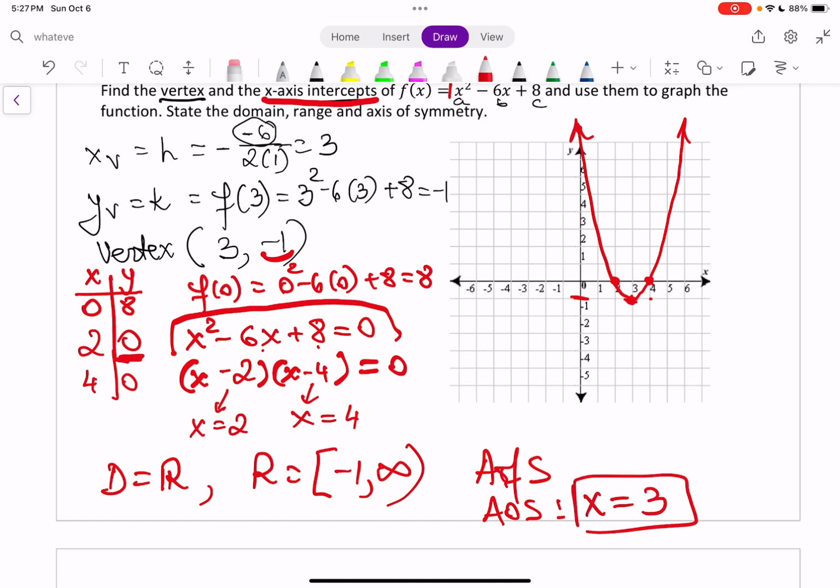So it's always going to be this vertical line, so therefore its equation is always x equals, and the x that it equals to is the x-coordinate of the vertex every time. So in other words, this graph has to be symmetrical about this line. So it looks the same way on the right and on the left side of it.